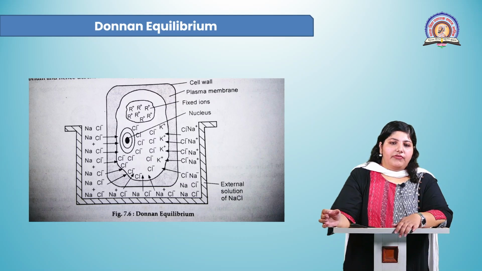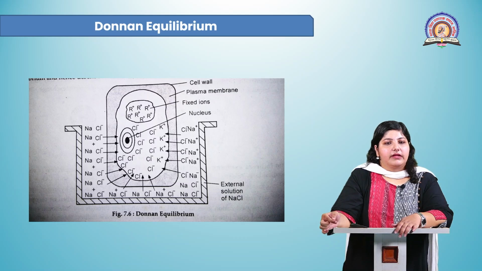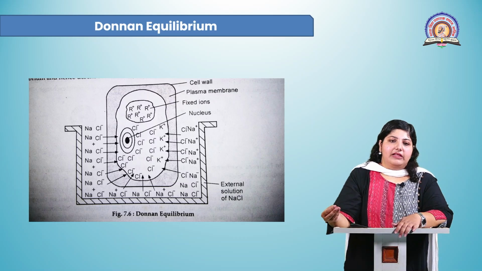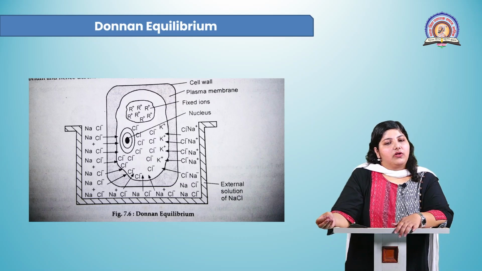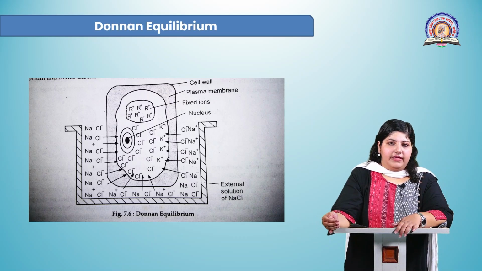But there are also some fixed ions. You can see some fixed ions there, that is R+ ions, present in the plant cell. Those are fixed ions or indiffusible ions, that is, they will not move outside or inside; they are fixed in their position. So to balance these R+ ions, some additional anions or chloride ions will enter the cell.